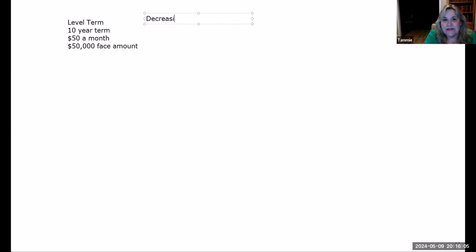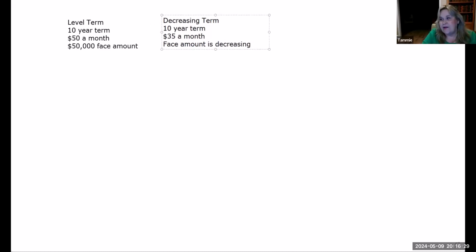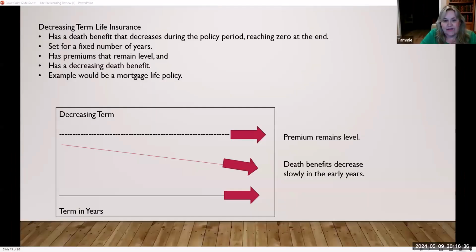So with decreasing term, let's say you had a 10-year decreasing term, then your premium would probably be less because, again, your face amount is decreasing as you pay that loan off. So that's one of the advantages of having a decreasing term: the premium is going to be a little bit less because that death benefit is going down. So again, I think that is a good illustration of how that works.